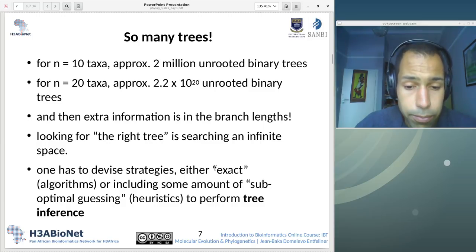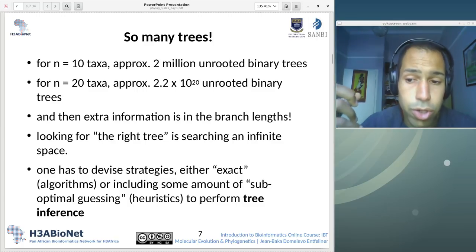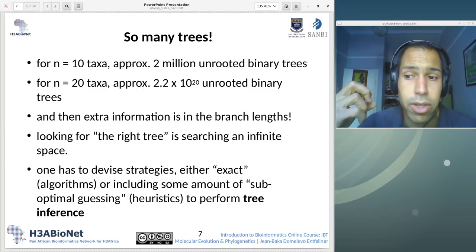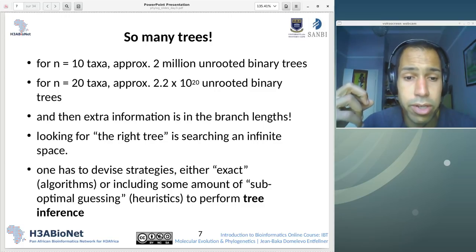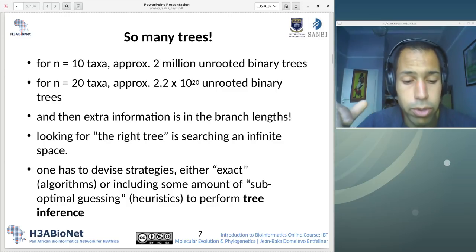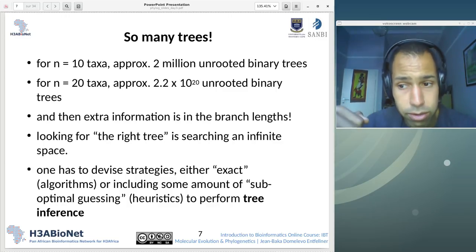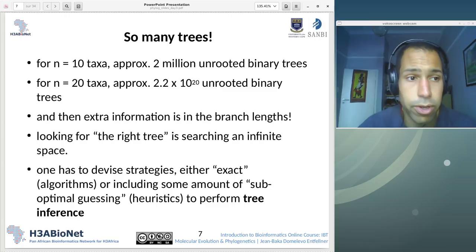So the problem of tree inference at its core contains this deep problem of finding an optimal tree, whatever your definition of optimal, out of a space that is infinite.